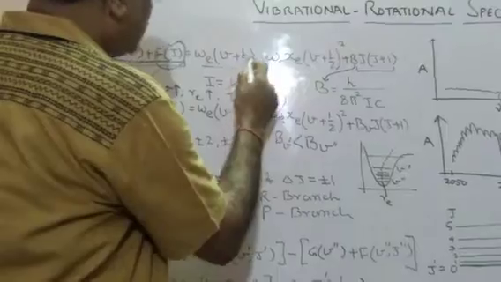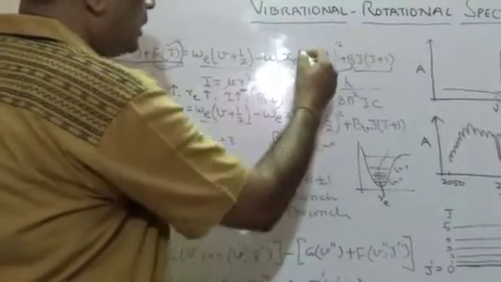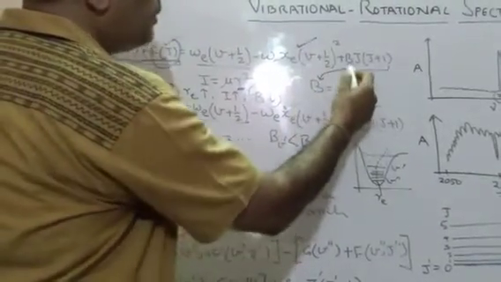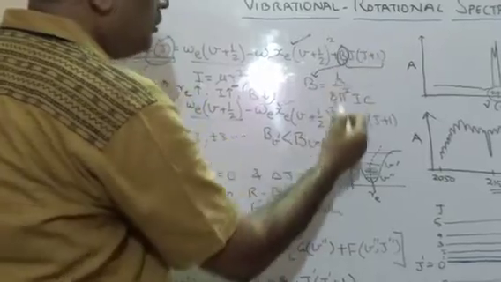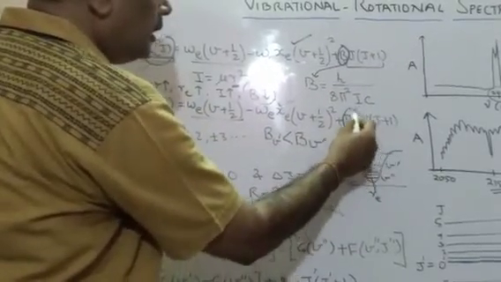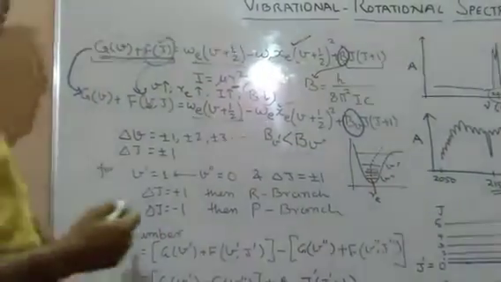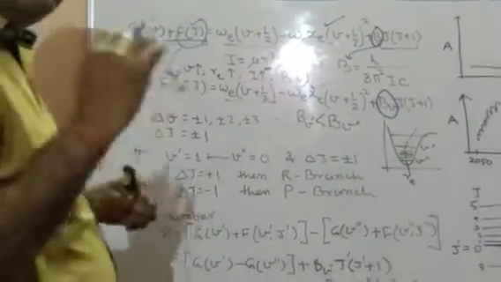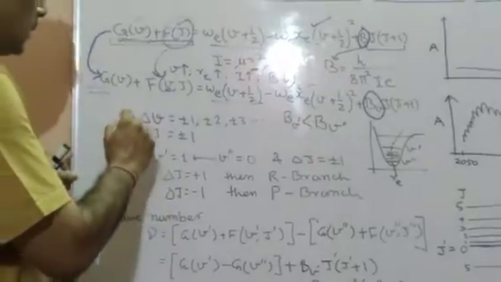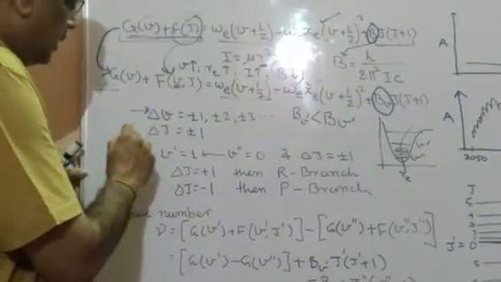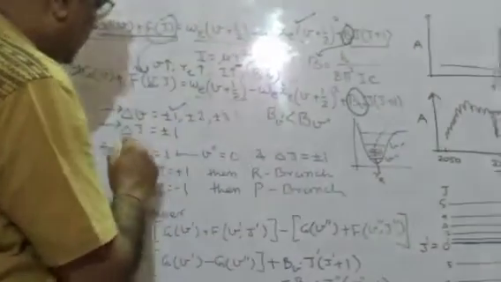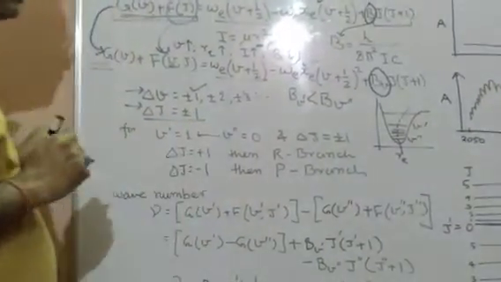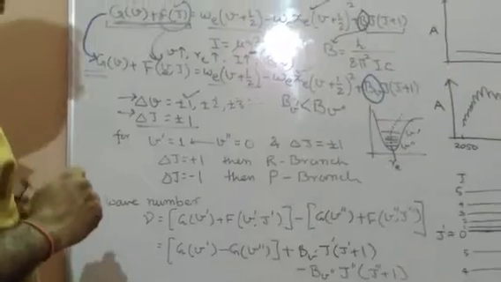The omega e (v plus half) term is the same, but instead of capital B we take B(v). This is the equation for the energy levels. And these are the selection rules: delta v is plus 1 for the fundamental band, plus 2 and so on for overtones, and zero for pure rotational levels. Delta J is plus or minus 1.